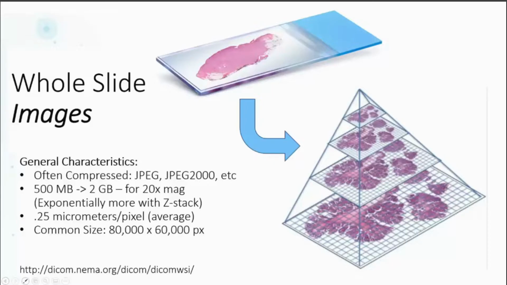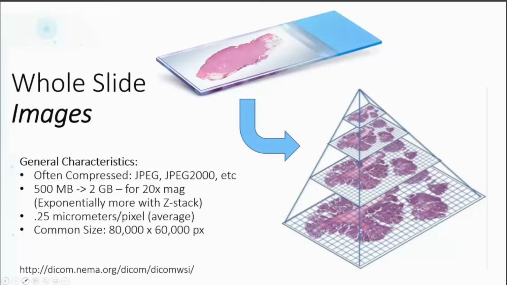In the clinical space, at least here in North America, the 1x3 slide, if it's captured at a magnification of 20x, can be between 500 megabytes and 2 gigabytes in size, depending on the amount of tissue on the slide and the magnification.